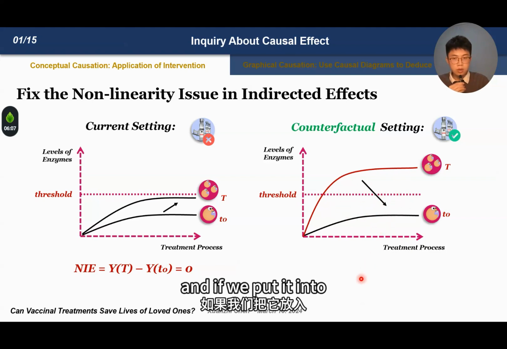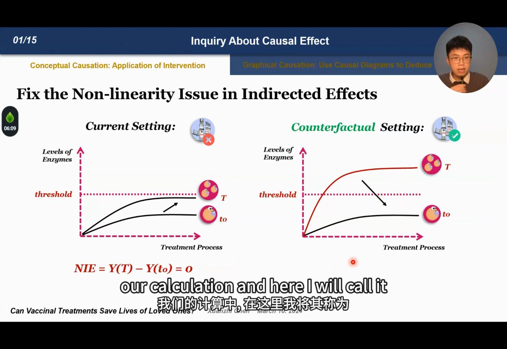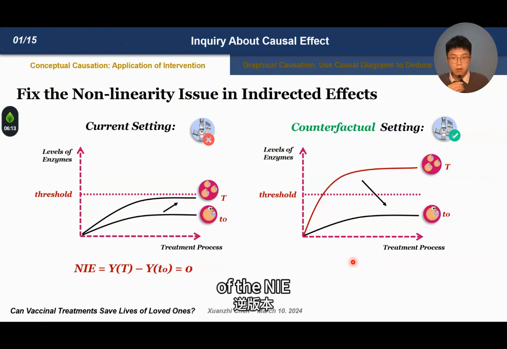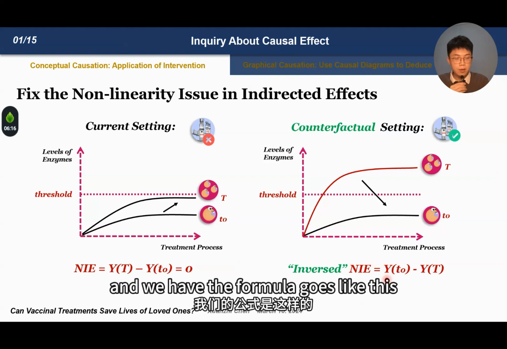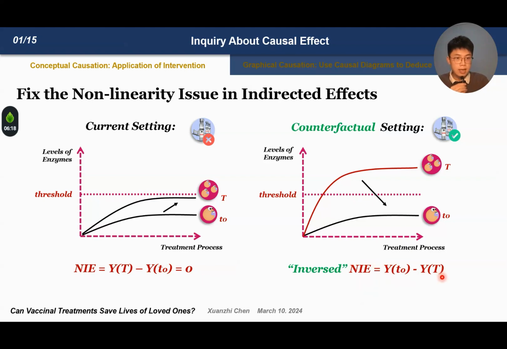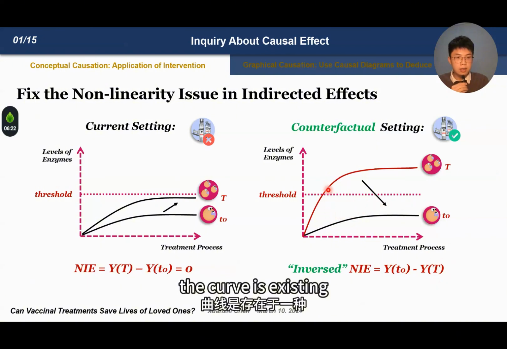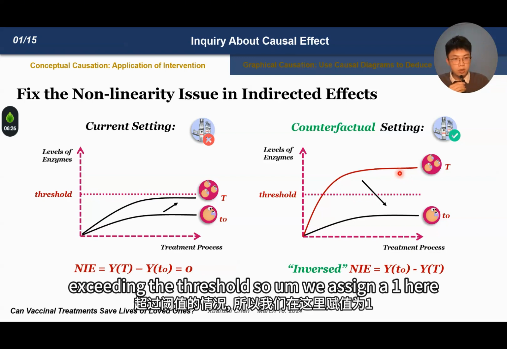And if we put it into the calculation, here I will call it the inverse version of the NIE, and we have the formula goes like this. And you see here y capital T because now the curve is exceeding the threshold.